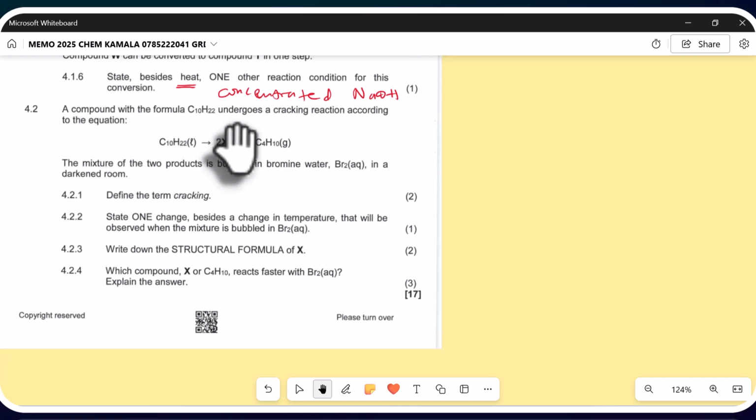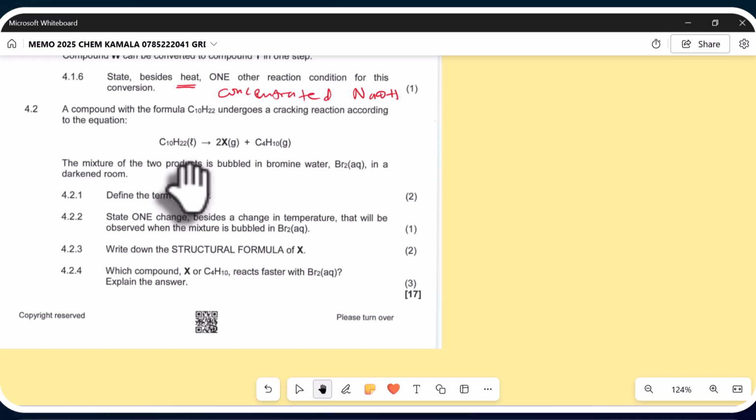Then they say, write down the structural formula of X here. Before that, I need to know the molecular formula for this X. We have two products, right? We can form an alkene with an alkane. Because this one is an alkane, this must be an alkene. So we can write that the alkene contains A carbon atoms and B hydrogen atoms.